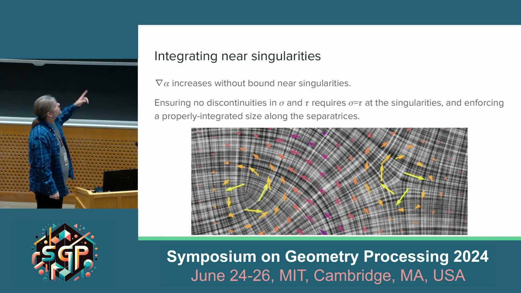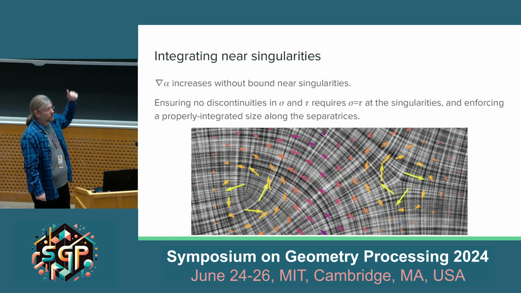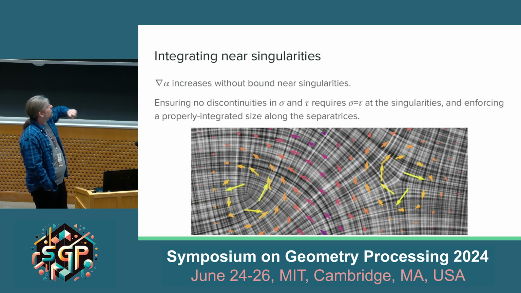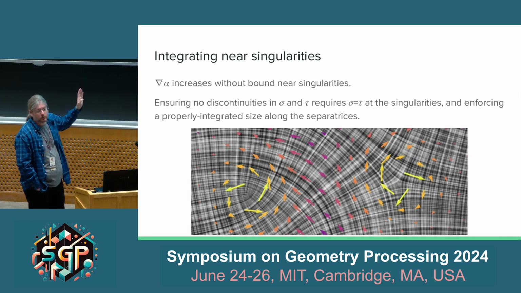But the harder problem is because grad alpha is increasing towards infinity, grad sigma and grad tau are also getting outrageously large. So trying to integrate sigma and tau along a field line is also really difficult.